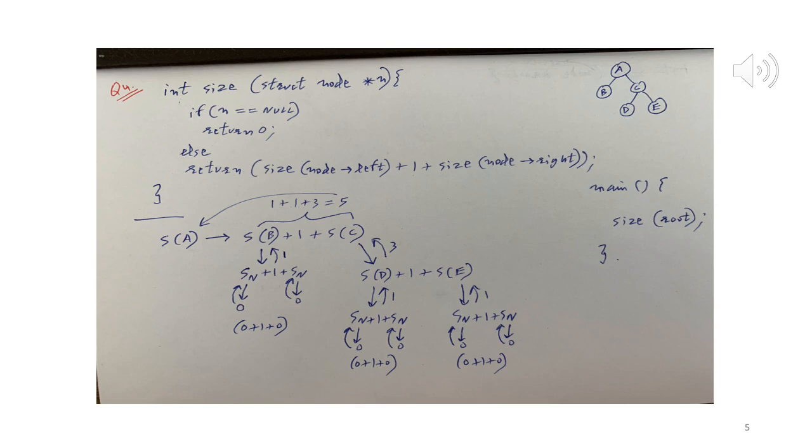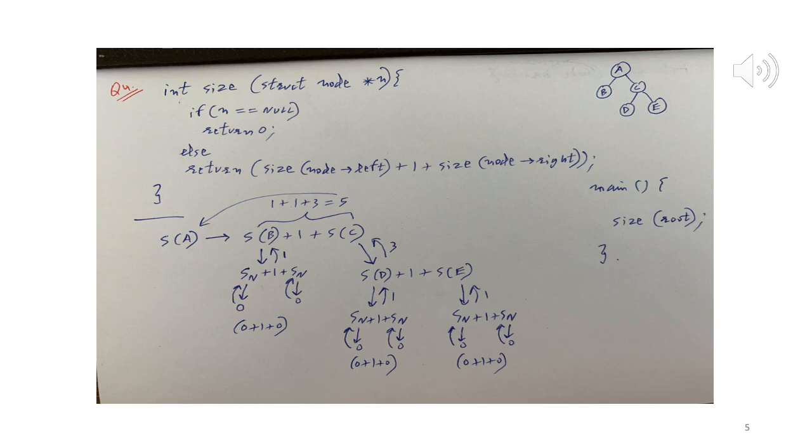The number of nodes in this tree is 1 for A plus the number of nodes in the left subtree plus the number of nodes in the right subtree. The left subtree we see is 1, and for the right subtree again we see root 1 plus the number of nodes in its left subtree plus the number of nodes in its right subtree. So 1 plus 1 plus 1 is 3, and we add that to 2, we get 5.